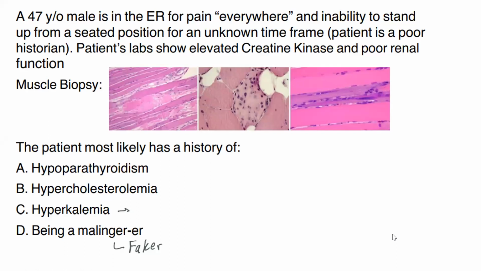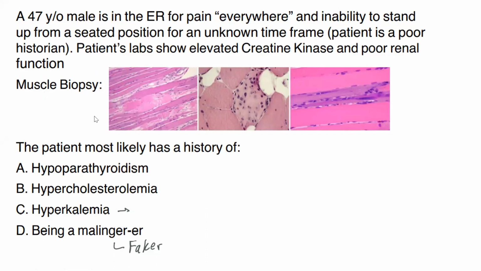Okay, here's another question. A 47-year-old male is in the ER with pain everywhere and is unable to stand up from a seated position for an unknown time frame. The patient is a poor historian. Patient labs show elevated CK and poor renal function.